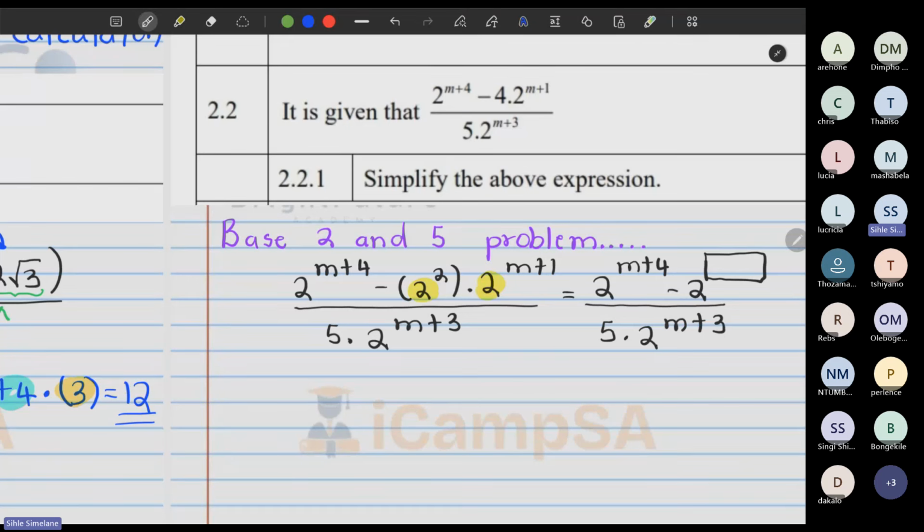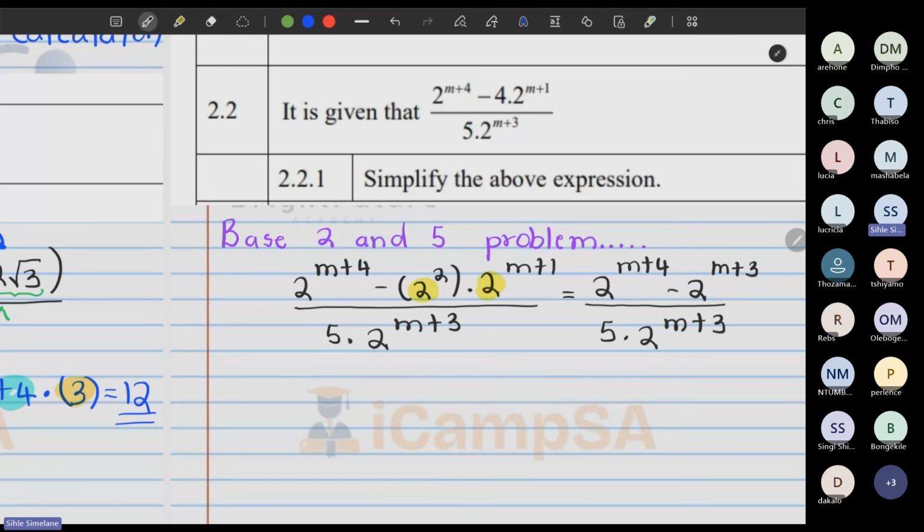How did you get m plus 3? I said, since the laws of exponents say that if you multiply two bases that are the same, you add the exponents, I said m plus 1 plus 2, which is m plus 3. Yep, m plus 3. So done with that.